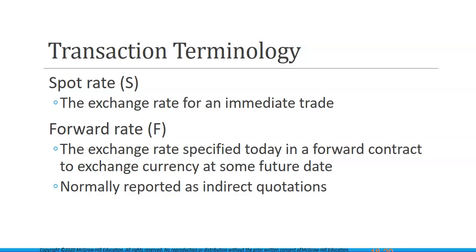A forward rate is the rate specified today to exchange currency at some future date. It's normally reported as an indirect quote. If you use the forward rate, you lock in an exchange rate, and you can get a gain or a loss from this. But generally, you would believe that the rate would change a lot within the next 3, 6, or 12 months, which is what they're quoted in.